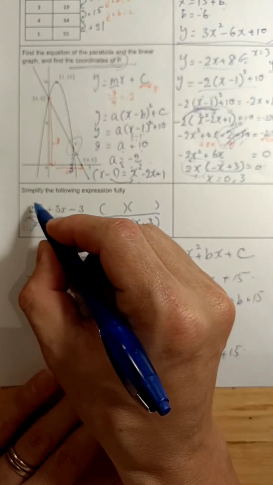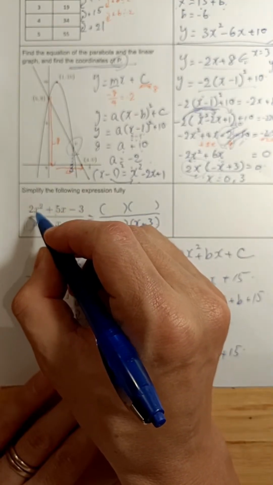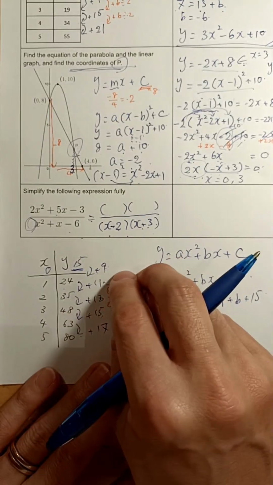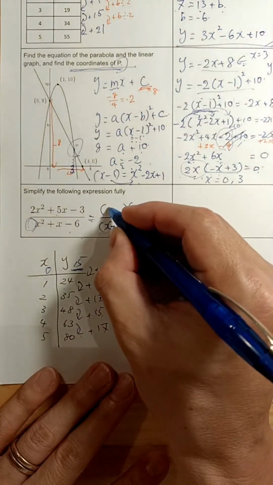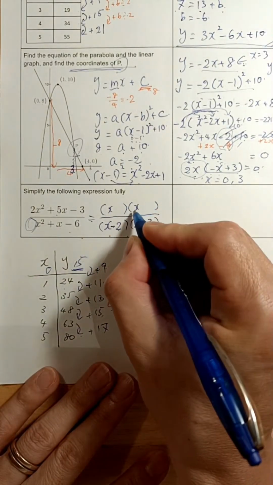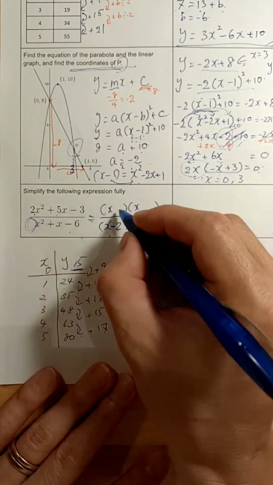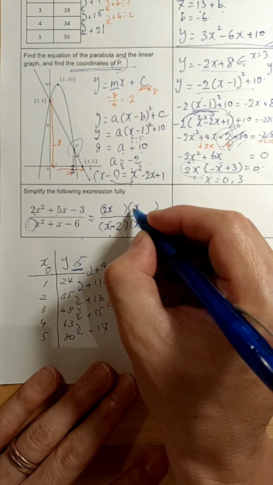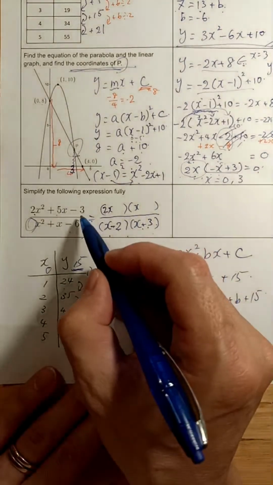If you see this one, 2 is a prime number, isn't it? So to create 2, there's only one set of numbers you can think of. If you times the 2 numbers in front of x, you get 2, which means one of those numbers must be 2, one of those numbers must be 1, okay?